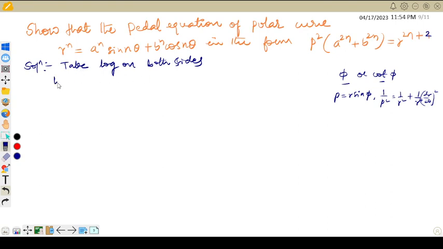So this is log of r raised to n is equal to log of a raised to n into sin n theta plus b raised to n into cos n theta. Friends, we cannot apply the laws of logarithm here because of a sum, so you can differentiate directly.